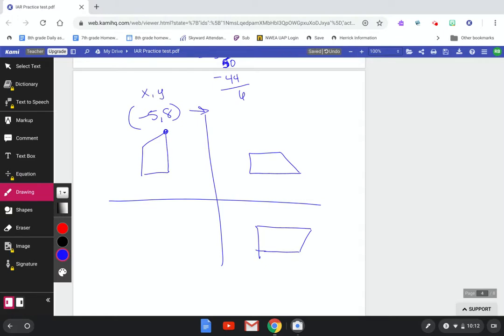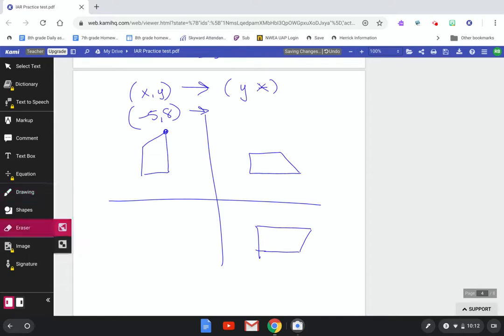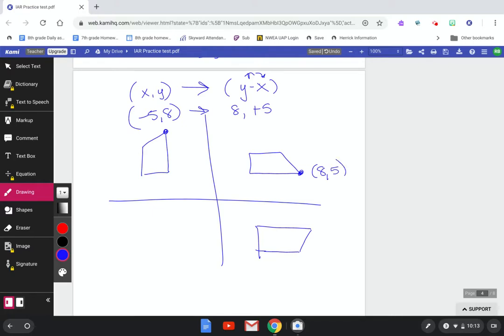If I rotate it 90 degrees, the rule is x and y switch spots, and if we're going clockwise, remember my rule, this one changes signs. So we'll have 8 comma -5, and that one goes positive. So now this would be at 8 and then +5.